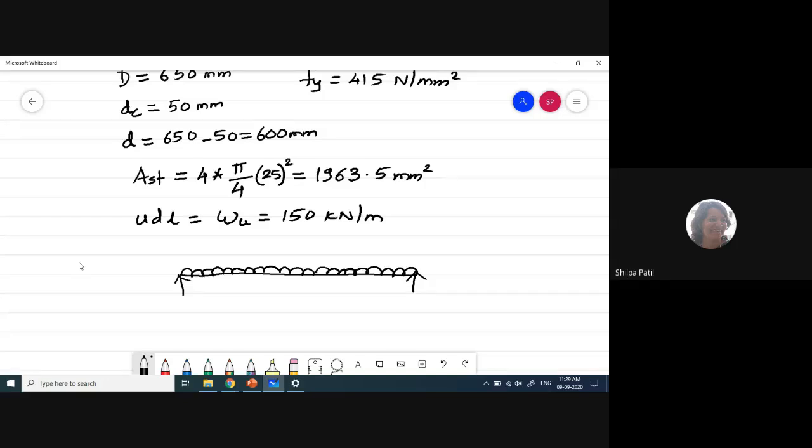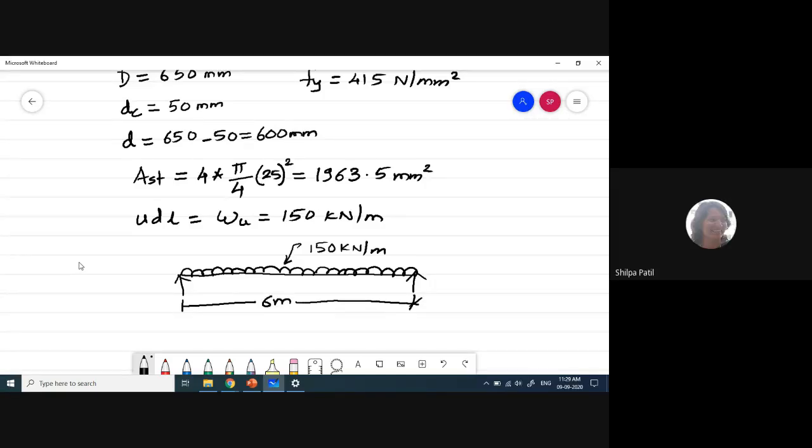Take down the diagram in your notebook also. Show the load 150 kilonewton per meter. The effective span is also given. What is the value of the effective span? 6 meter.